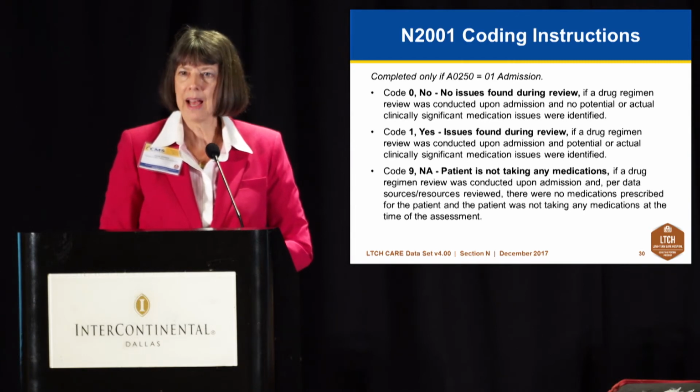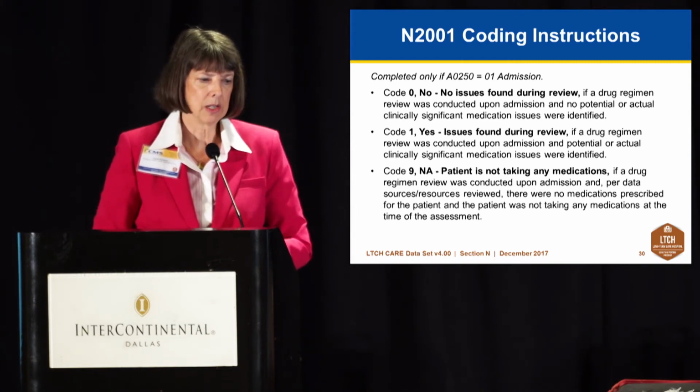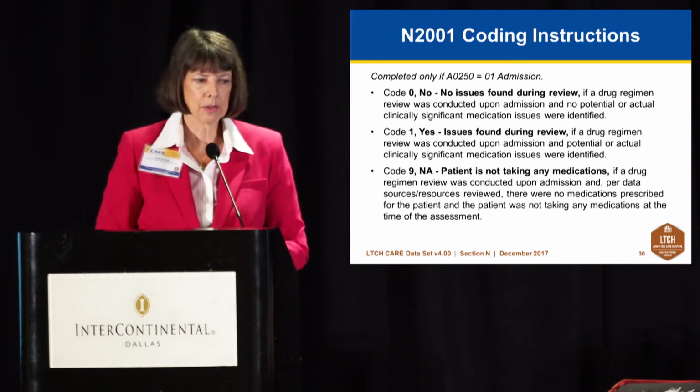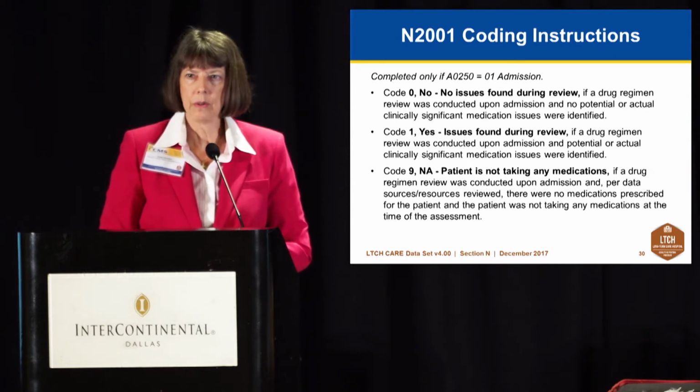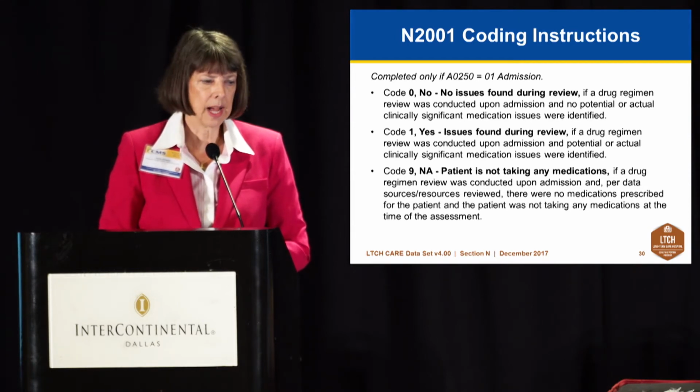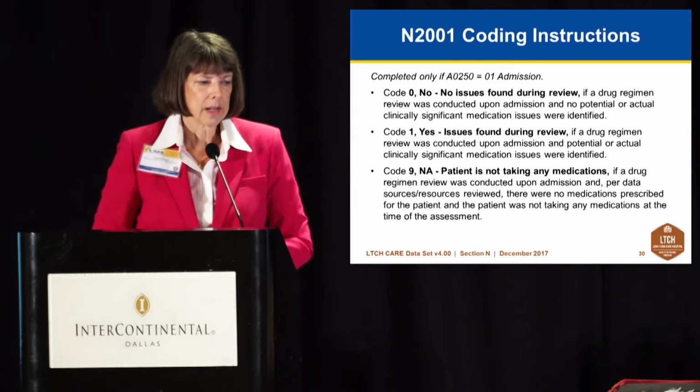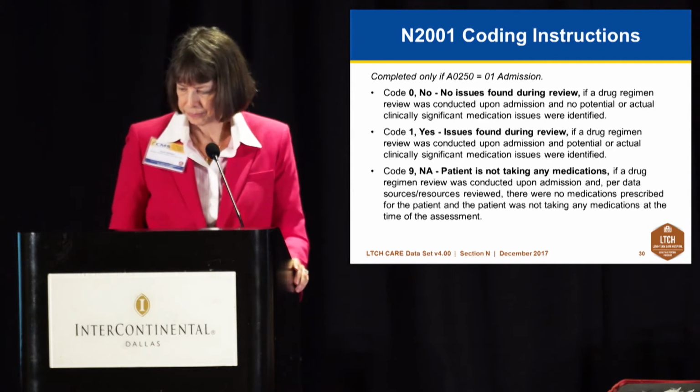And that's only after you have completed this drug regimen review and you've thoroughly investigated your data sources, they've been reviewed, you've maybe talked with the patient or patient's relatives or significant others. There are no medications that this patient is on. That is the only time you would use Code 9 for N2001.